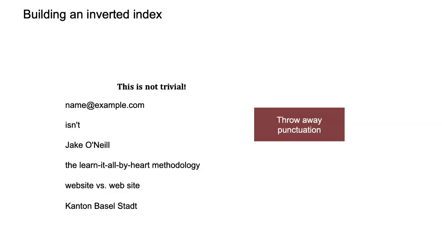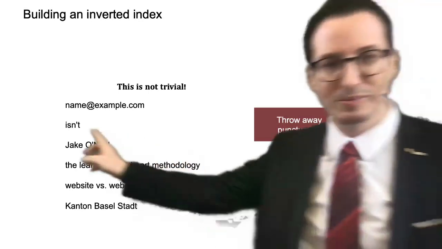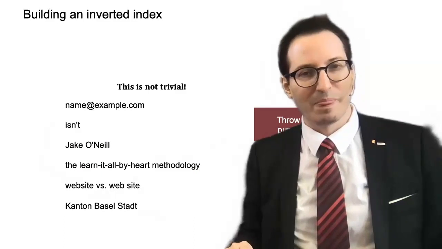A second aspect that is specific to the English language is that you have these contractions that you can do, right? Isn't instead of is not, right? So in that case, the apostrophe is not something you want to throw away. It's actually valuable information because this is the same as is not.